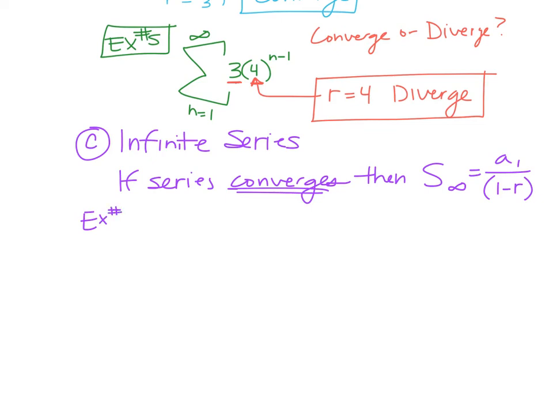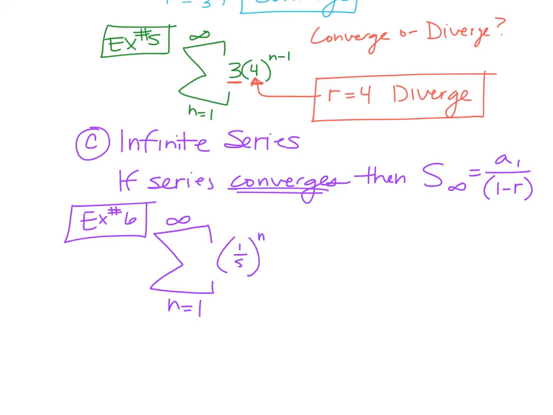Example 6 here. If we have this setup, because this number is 1/5, that's our r, 1/5, we know that will converge, right?